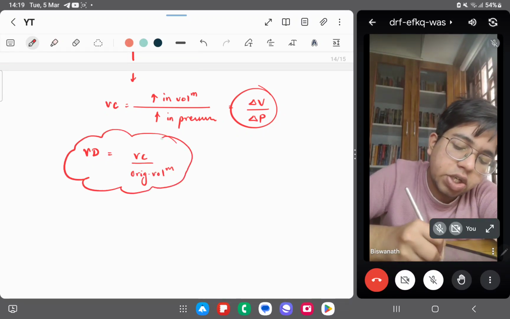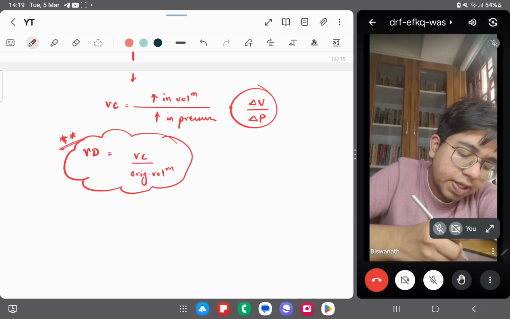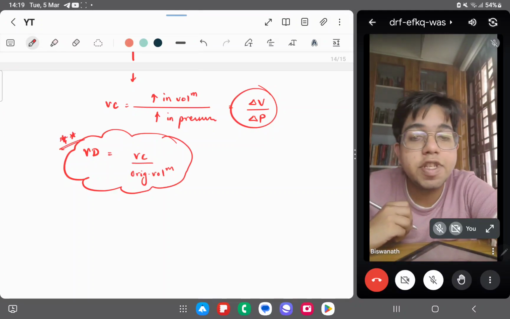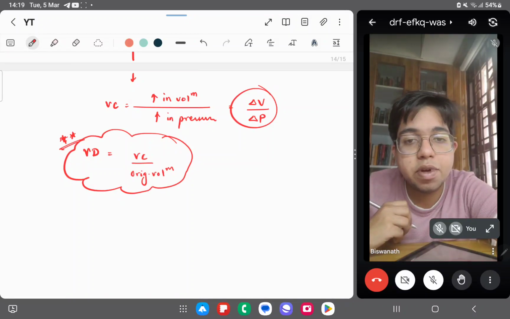This relation is asked in some MCQ exams, like pre-test physiology, so you can get this type of question.